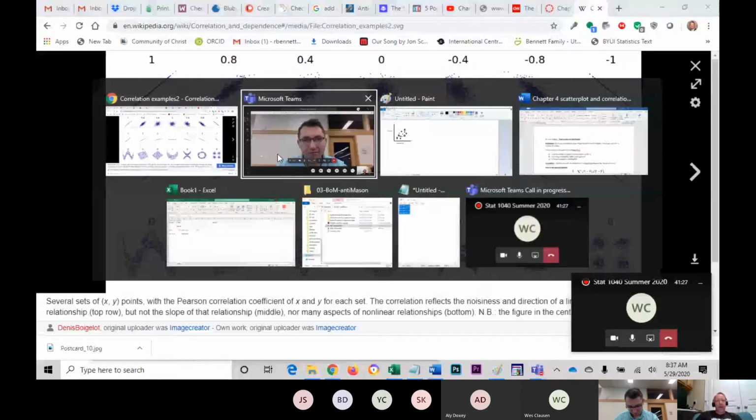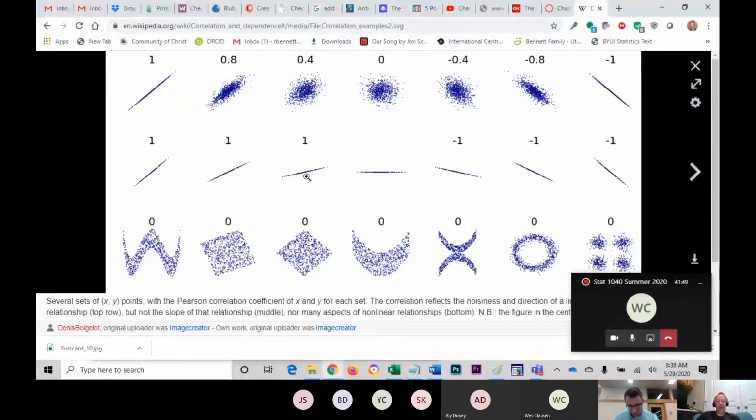Now, scatter plots are related to a correlation coefficient. A correlation coefficient is always between the values of +1 and -1. In this middle line, you can see that it's not necessarily the slope. All of these are perfectly correlated. If you took a variable on the x-axis and then put the same variable on the y-axis, you would get a straight line.